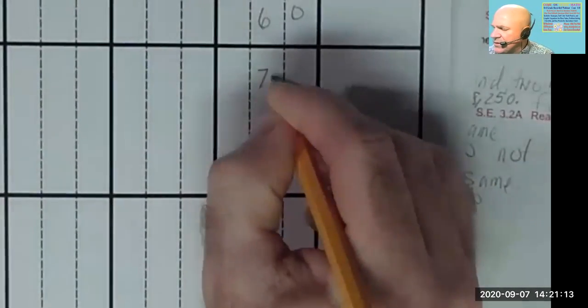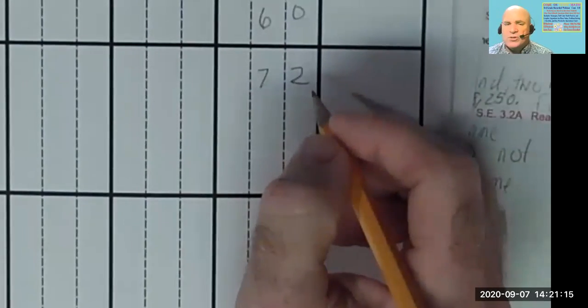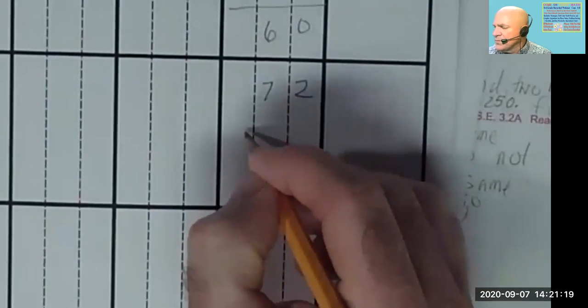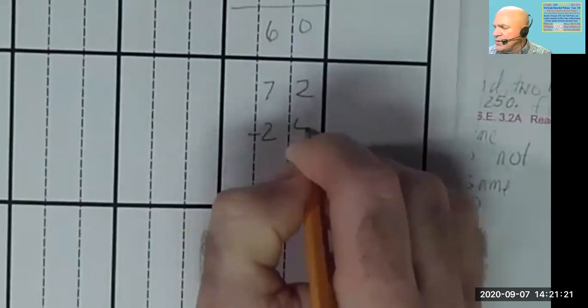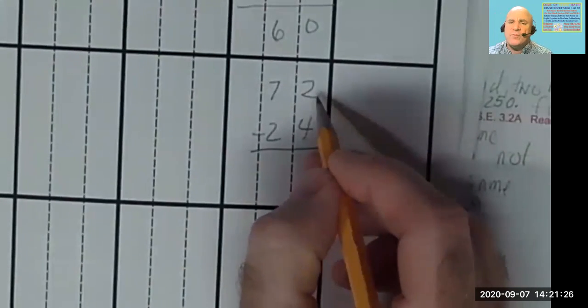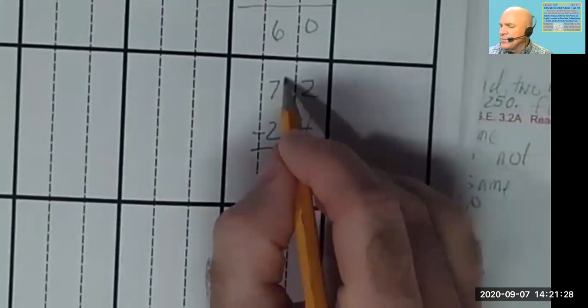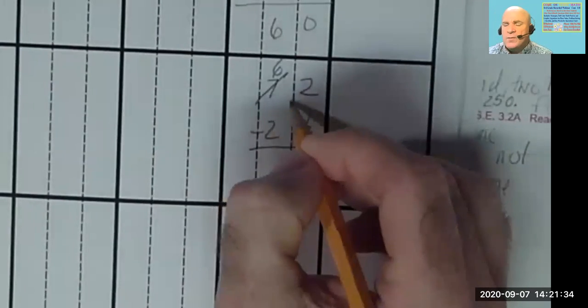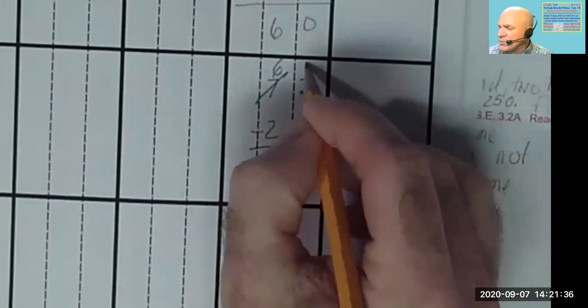We would have 72 total jacks minus 24. Let's take away 4 from 2, since we can't do that. Let's borrow 1 ten. And 1 ten becomes 10 ones.